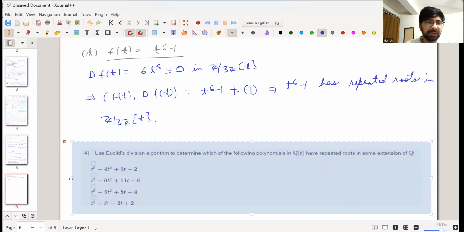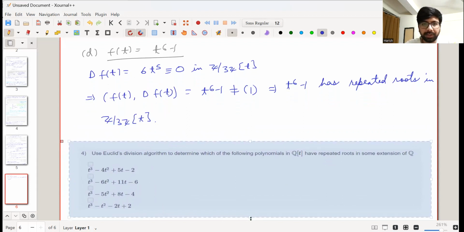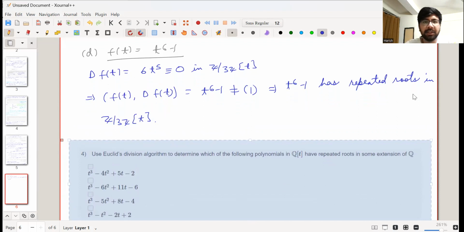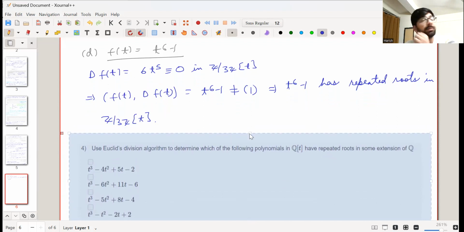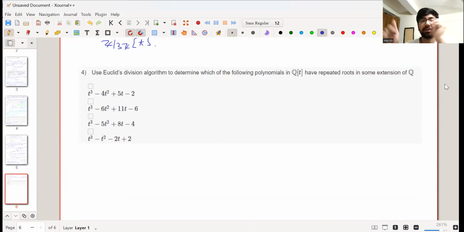So we just need to do the same thing as last question to check whether f(t) and d f(t) have a nontrivial GCD or not.